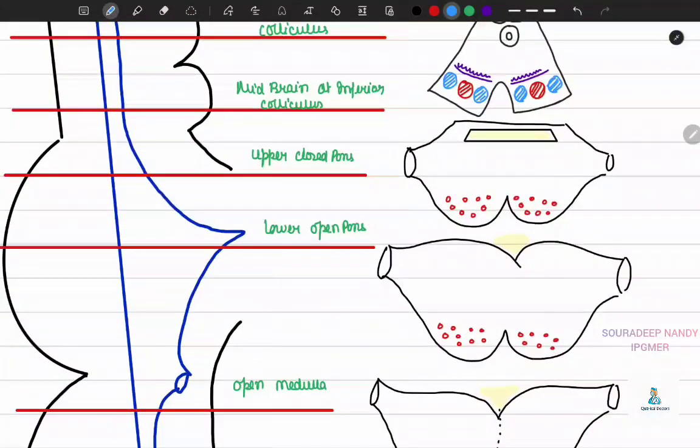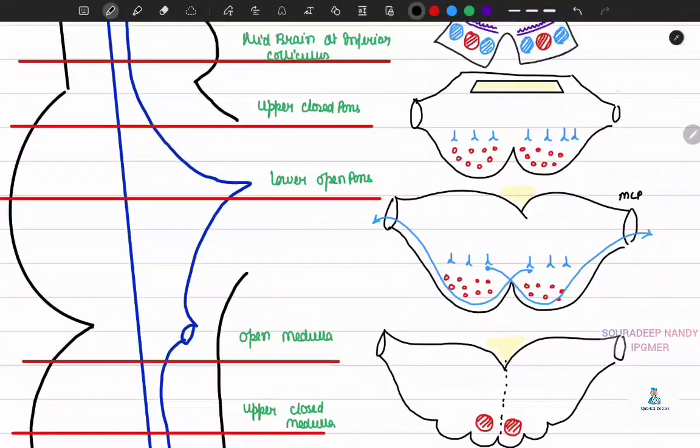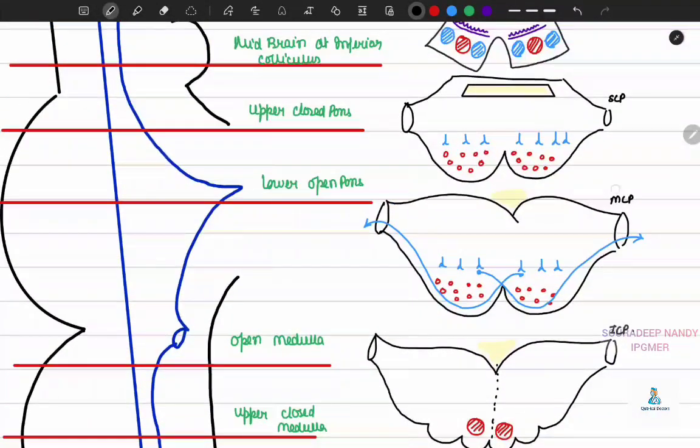Coming to the pons, it again dissociates. In the lower open pons, it relays on the pontine nucleus, and these nuclei supply the contralateral cerebellar hemisphere through the middle cerebellar peduncle. These are the middle cerebellar peduncle, these are the superior cerebellar peduncle, and this is the inferior cerebellar peduncle. The pontine fibers form the middle cerebellar peduncle.